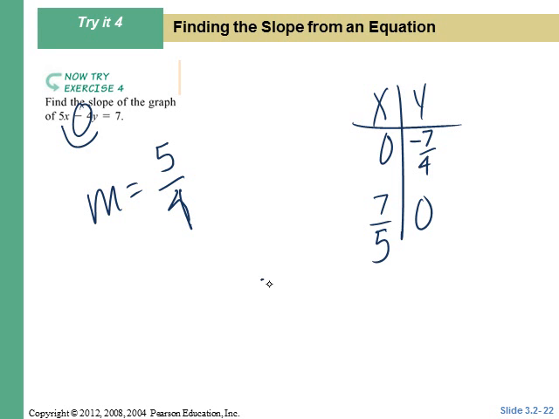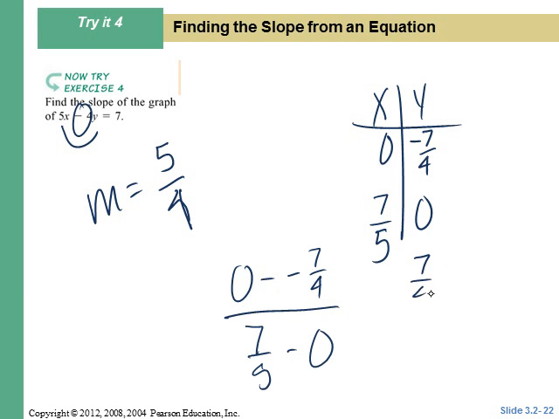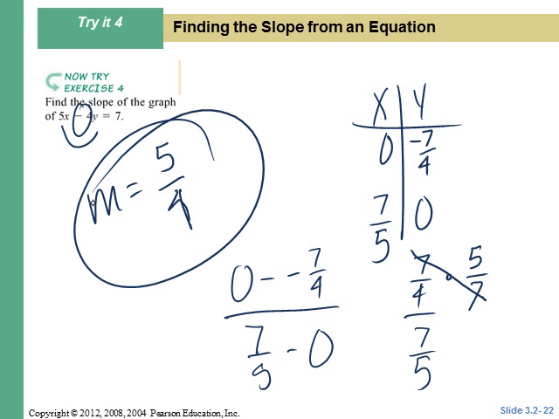So our slope is negative 0 minus -7/4 over 7/5 minus 0, which is 7/4 over 7/5. Multiply by 5/7, they cancel, and you get 5/4.